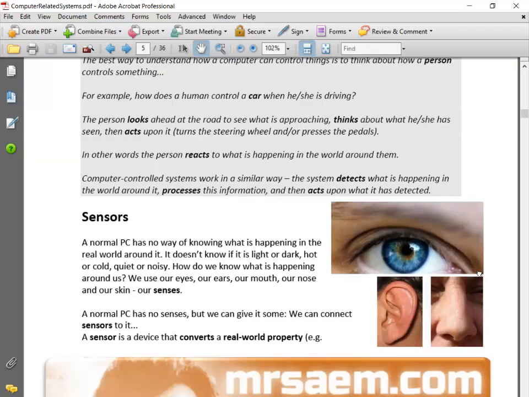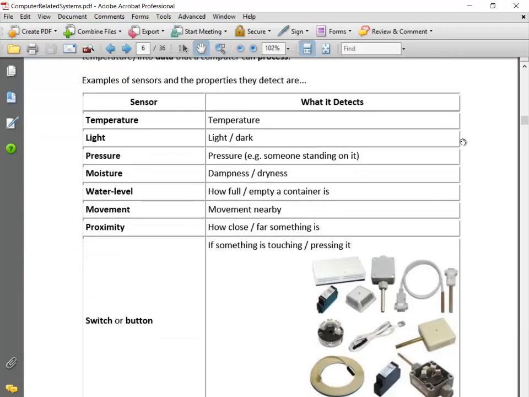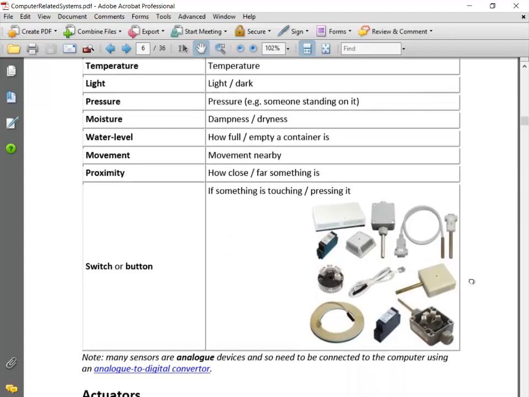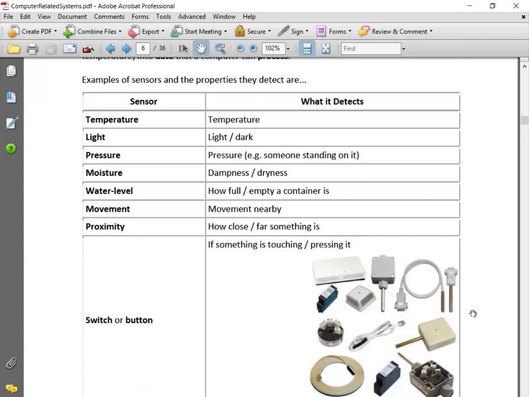So the following sensors, obviously you should be aware of. How they actually work is not much of our concern, but I'll just give you some idea. For example, a light sensor: what happens in your street lights, how does it turn on when it gets dark?